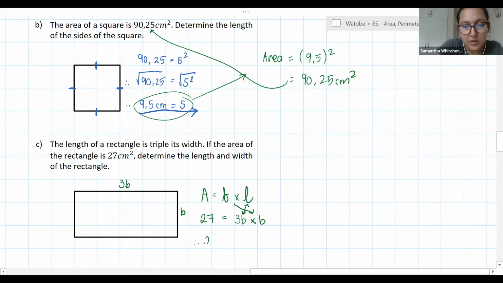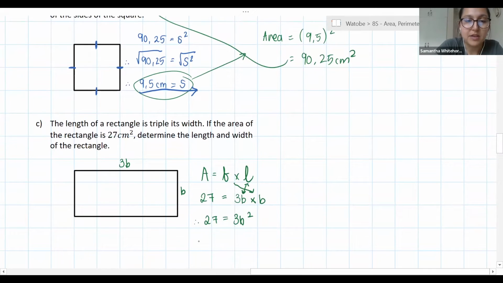And so this is now where we have 27 equals 3b squared. And you will see Emmanuel's answers were perfectly correct. We just need to be careful of our method. And so Emmanuel said that we need to divide both sides by 3, which is perfect. I don't want the 3 in front of the b squared, so that makes sense.